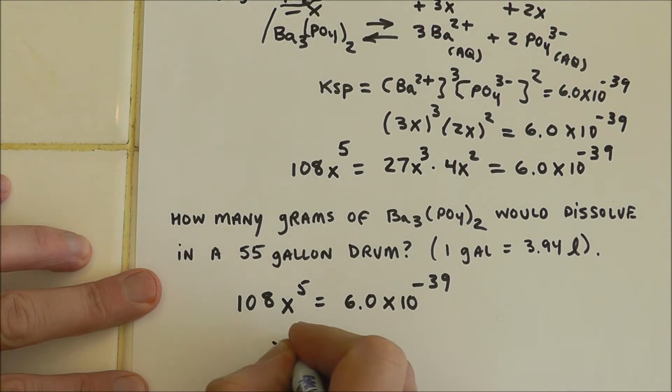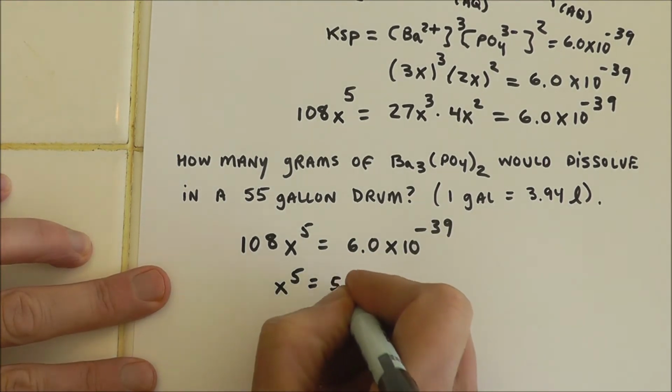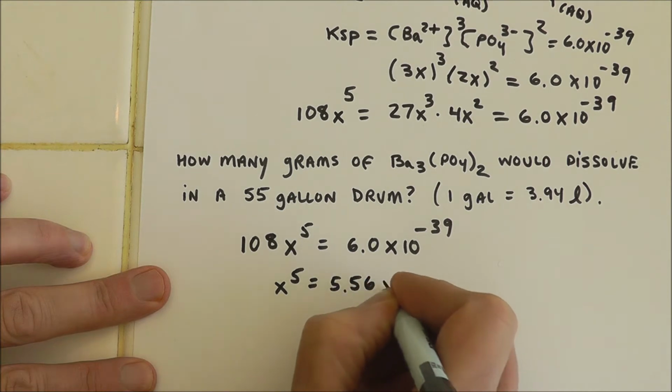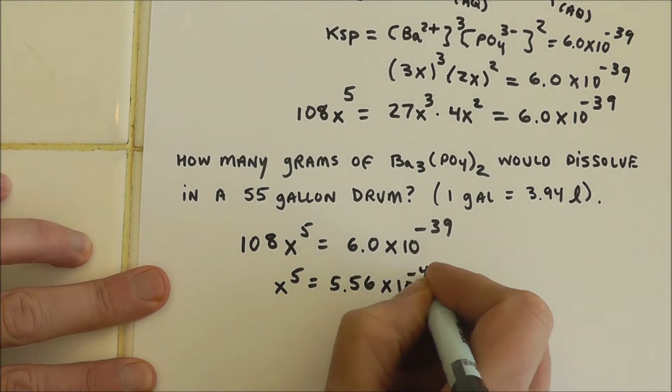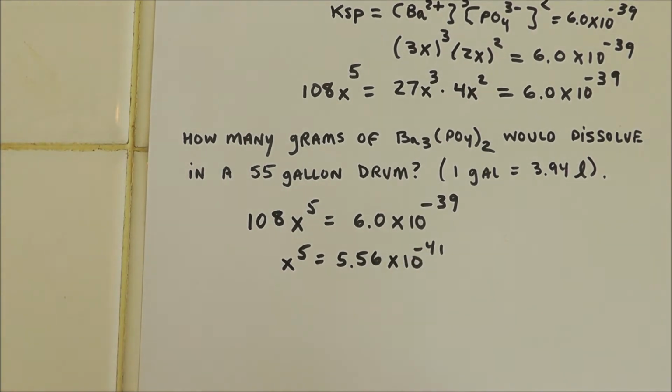So X to the 5th power is 5.56 times 10 to the minus 41. How am I going to get X? I'm going to have to do a 1/5 power of both sides.